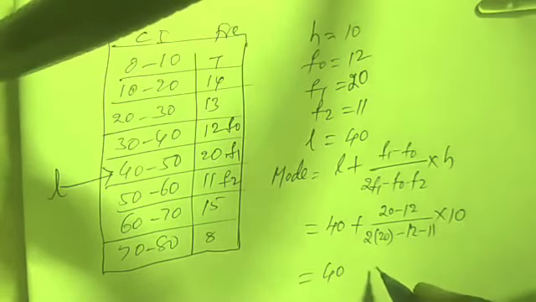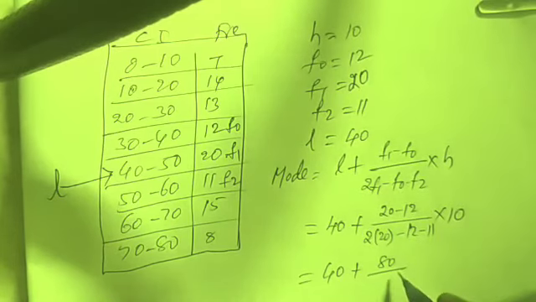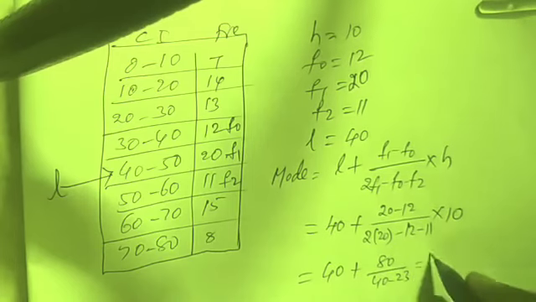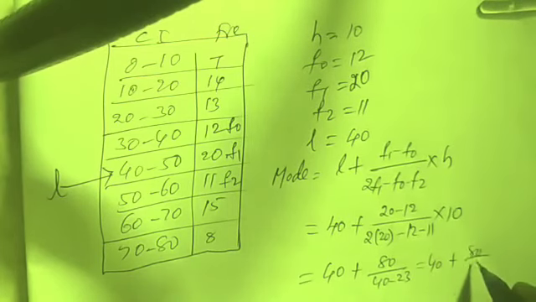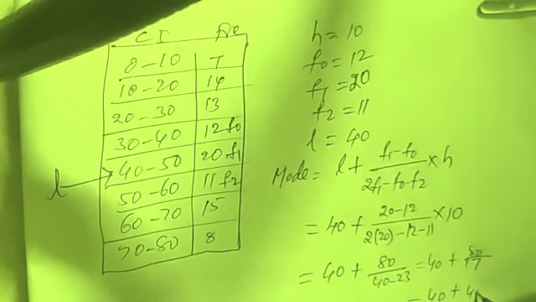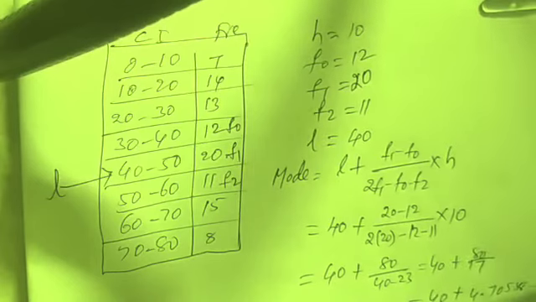Now substituting, 20 minus 12 is 8, 8 into 10 is 80, by 40 minus 23, that is 17. So 40 plus 80 by 17, that is 4.705.